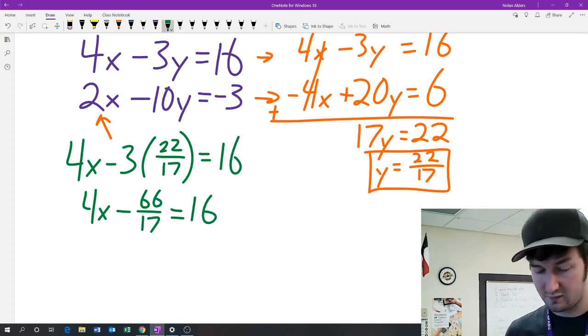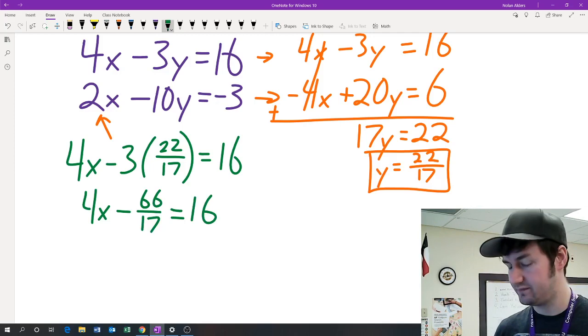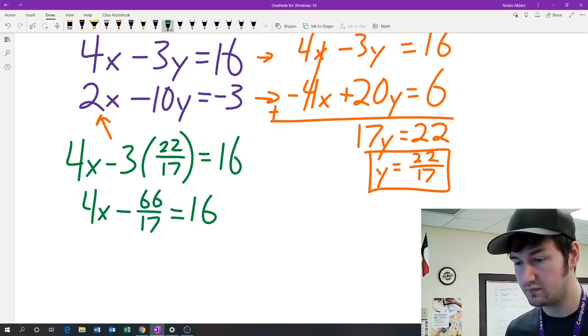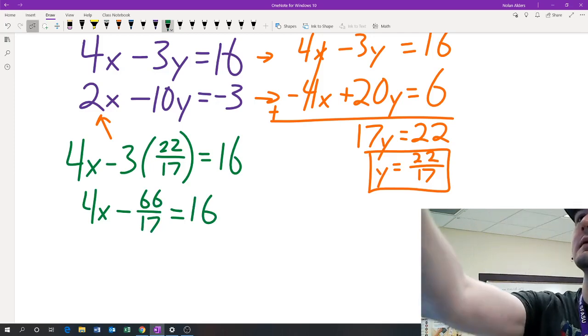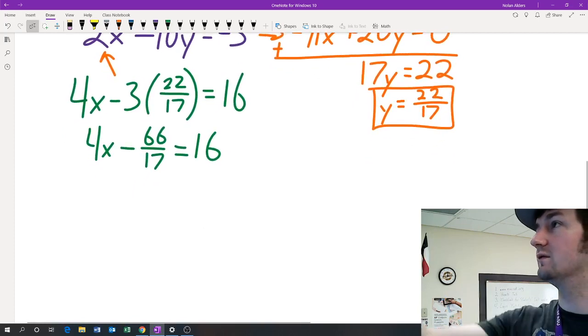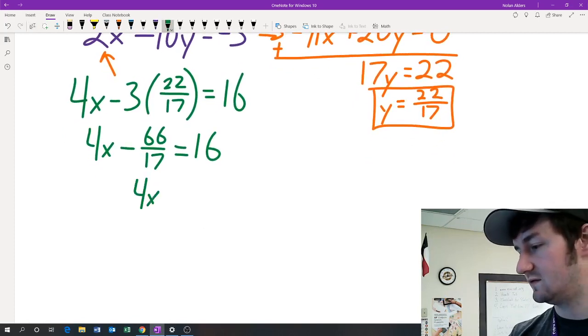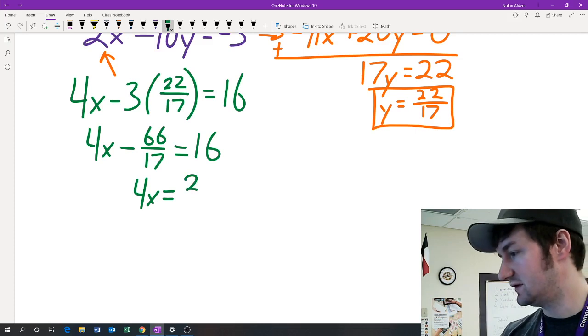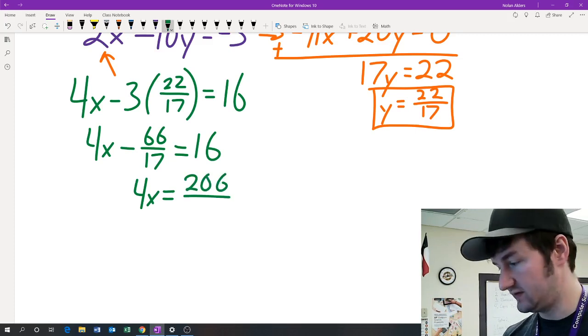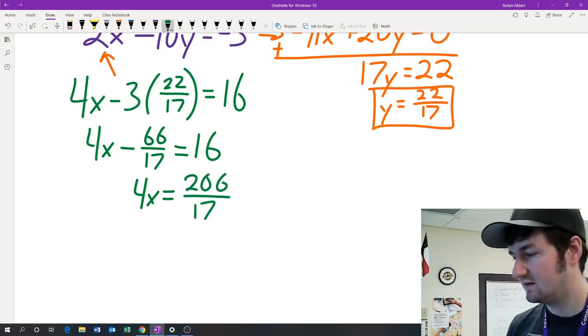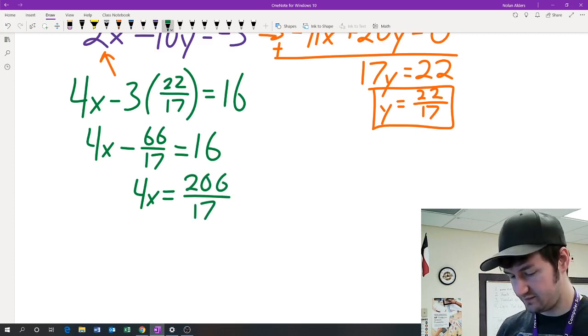We can add that to the right side, and we will get 4x equals 206 over 17. Okay, and then we can divide by 4.